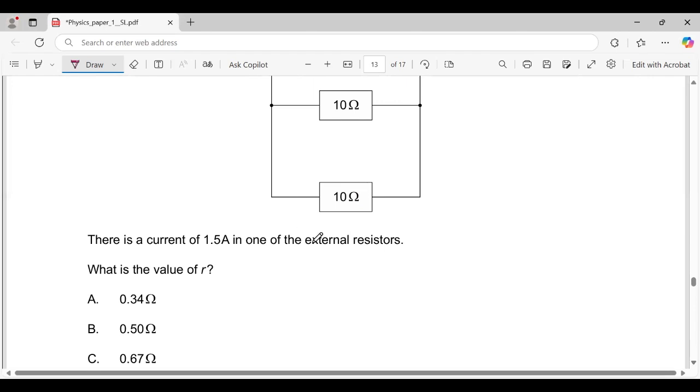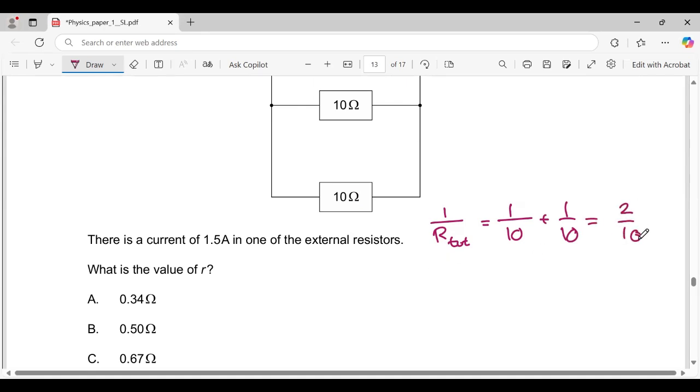Right. So I would like to find the total resistance. 1 over R total equals 1 over 10 plus 1 over 10 equals 2 over 10.